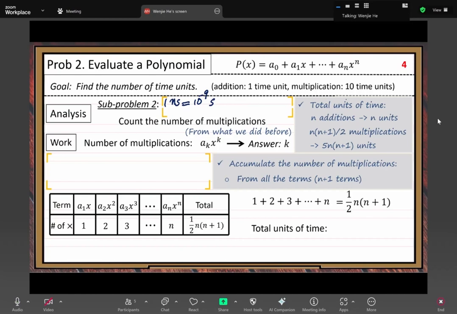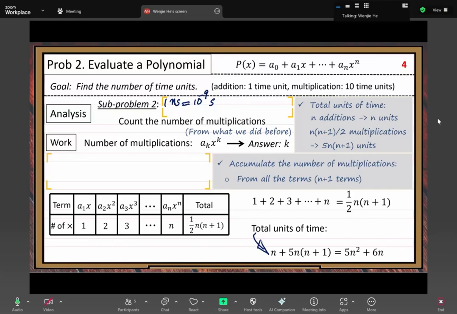Then we add up these two subtotals to get the total number of units. After simplification, we get 5n squared plus n time units.